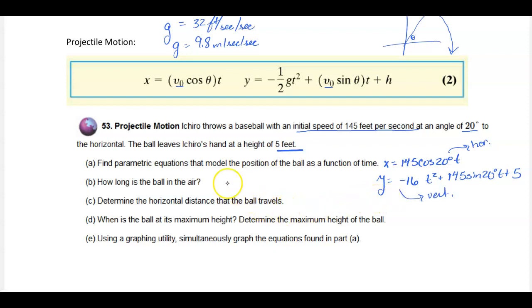Part B is asking us how long the ball is in the air. Well, the ball is going to be in the air until it hits the ground. And when it hits the ground, we're talking about that vertical height. So we're going to use this equation to figure that out.